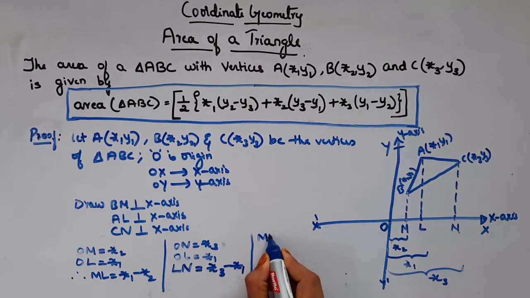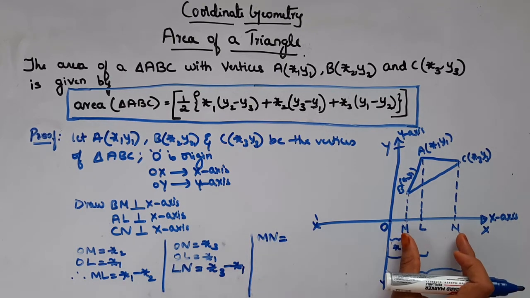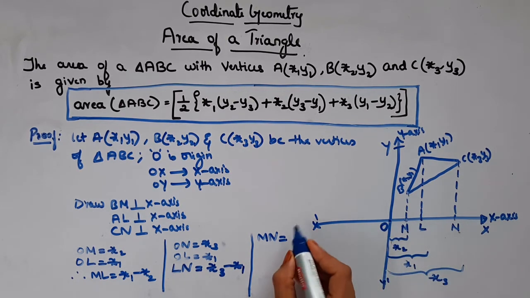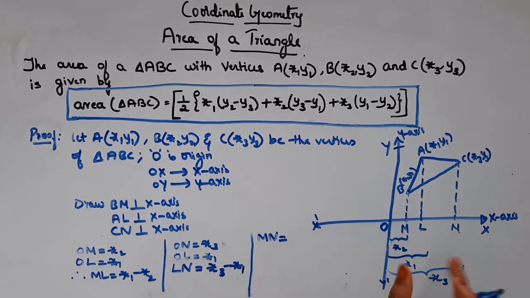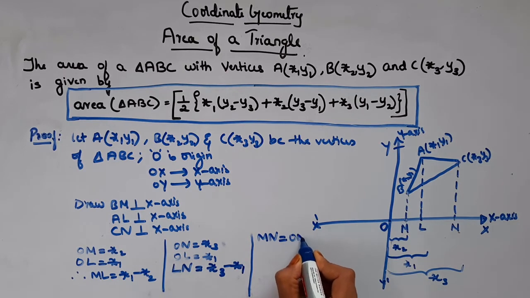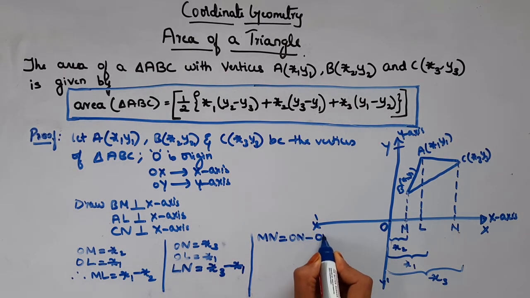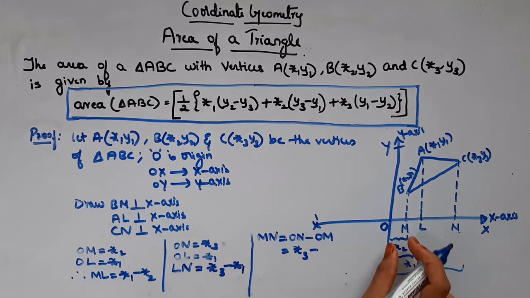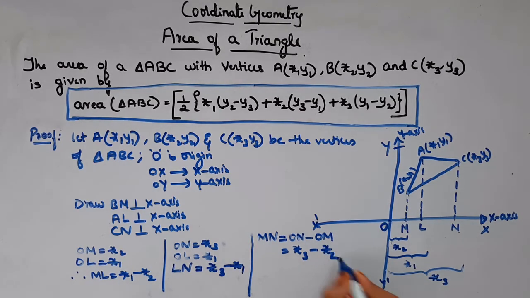So MN is nothing but ON minus OM, right? See properly. ON minus OM, right? ON is x3 minus OM is x2. So your MN is x3 minus x2.